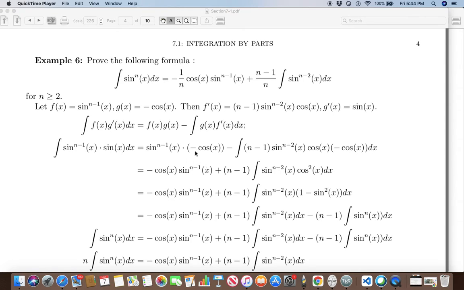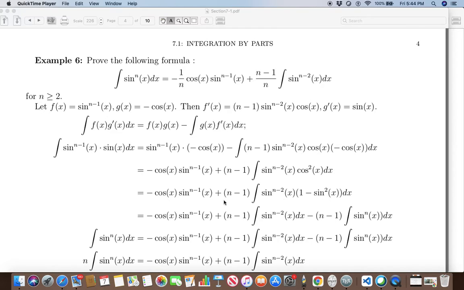Alright, so clean it up. Negative cosine x sine power n minus 1. So this negative and a negative here make it in all a positive. The n minus 1 factor is out. Integral of sine n minus 2 cosine squared. What is cosine squared? Cosine squared is 1 minus sine squared.